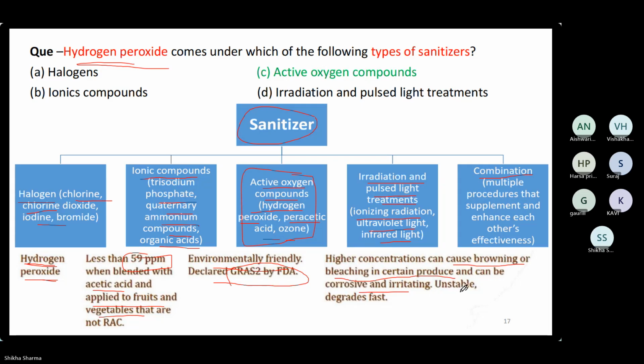It is also unstable and degrades faster. So this is hydrogen peroxide, which comes under active oxygen compounds.